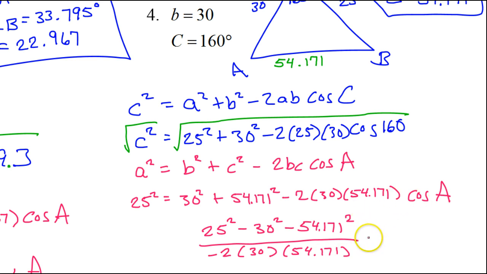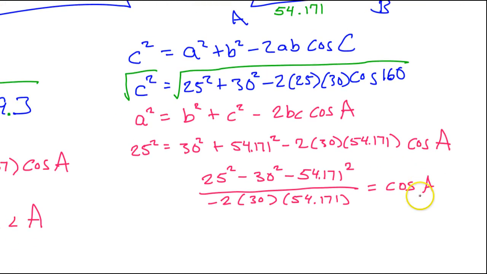Alright, so that should leave me with cosine A on the right hand side of the equation. But of course what we really want is just the measure of angle A. So if I want to find the angle, I need to do the inverse cosine of all of this. So if I do the inverse cosine of everything, then that will give me simply the measure of angle A.